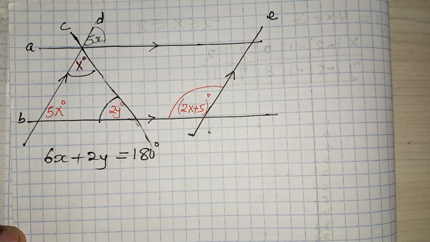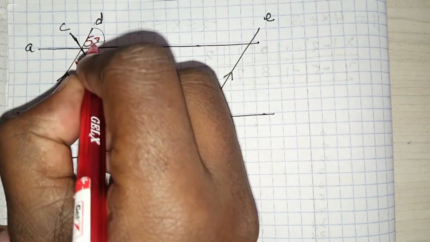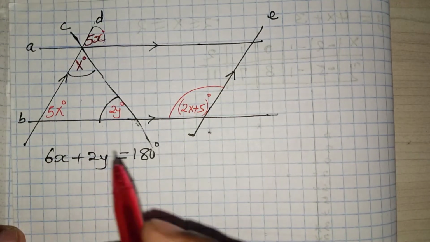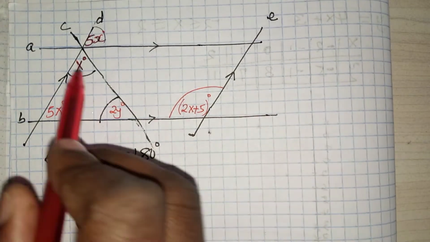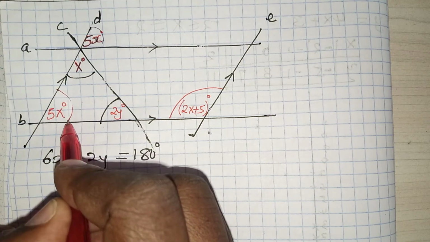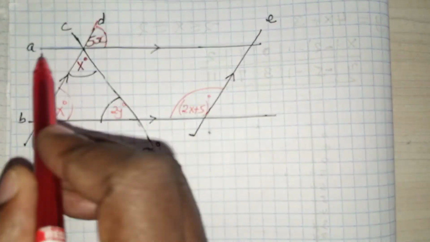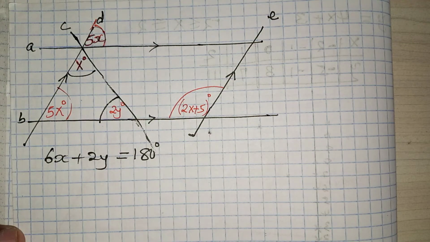That angle, 5x, must also be 5x because they are corresponding angles. They are in a corresponding position. If these two lines are parallel, then this is a transversal, and this position is just exactly like this position along the other parallel line. So those two angles are corresponding.